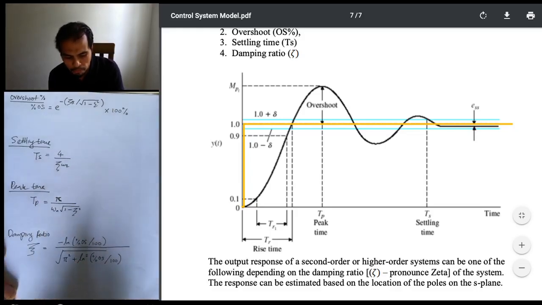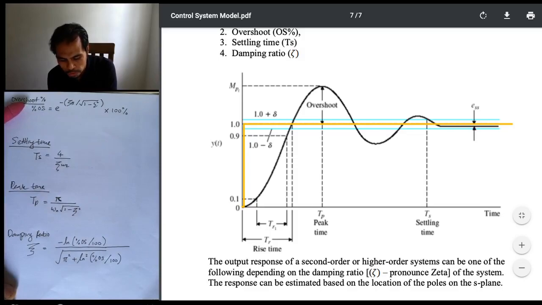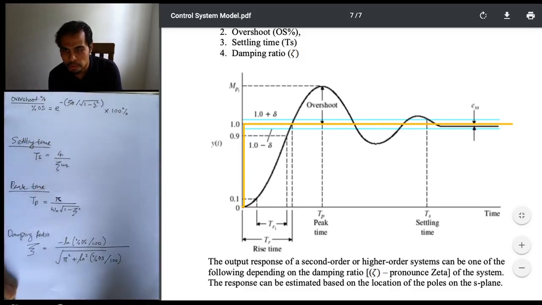If we can't find it from the transfer function, we can use this: if we have information about overshoot, we can find zeta from the overshoot. Sometimes the questions give you the overshoot value and not the transfer function, so you need to derive it from there.